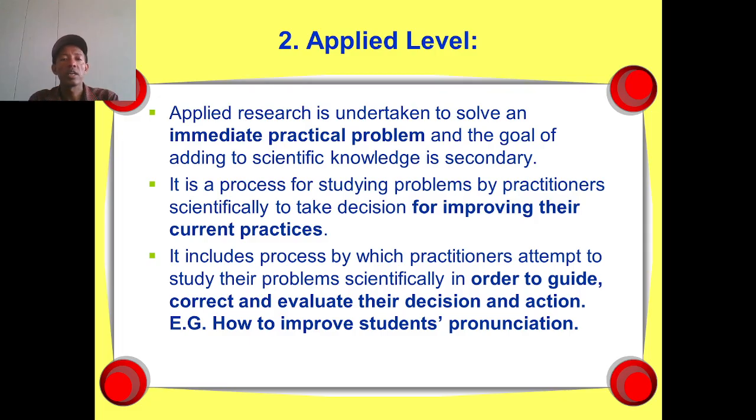So applied or action level research is undertaken to solve immediate practical or pressing practical problems, and the goal of adding knowledge or contributing to scientific knowledge is secondary or tertiary. So applied research or action research is purported to solve social problems, community problems, a pressing problem at the country level or region or clinical level.